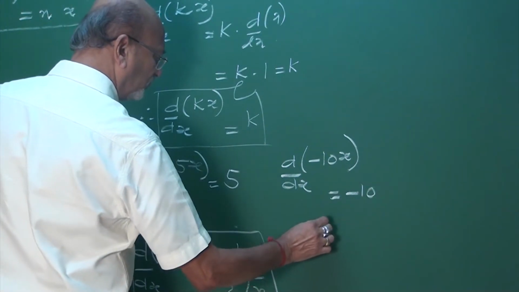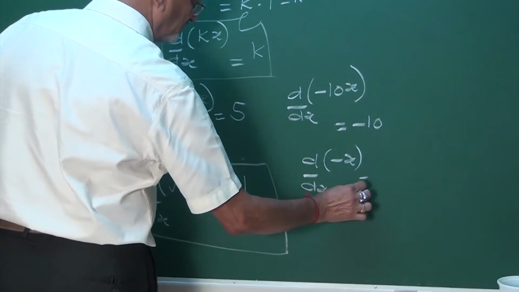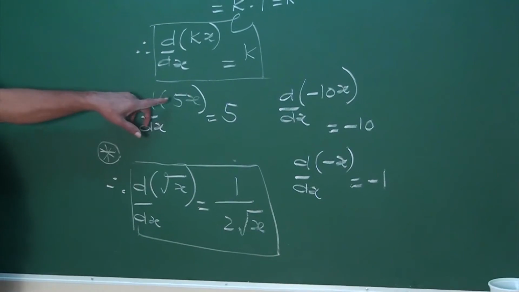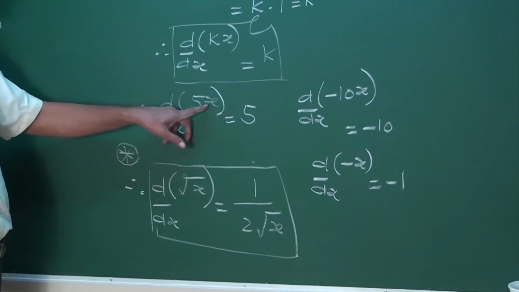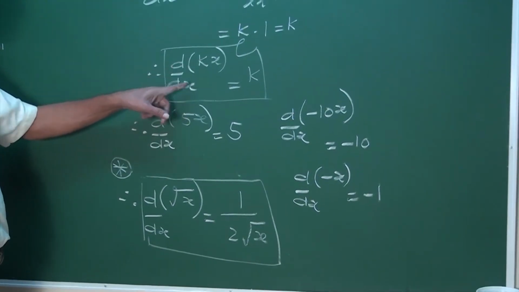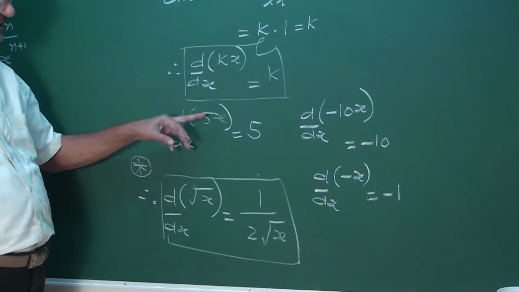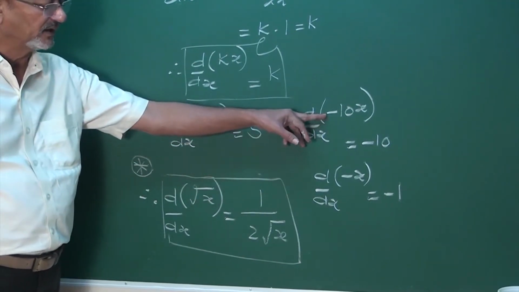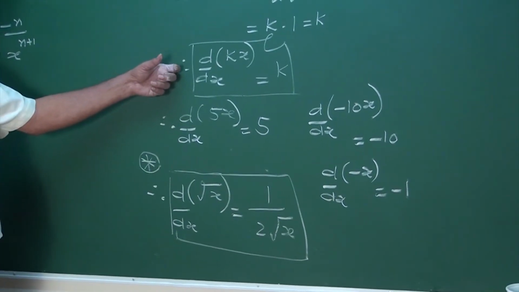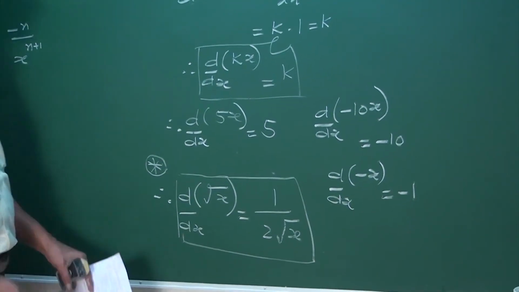The derivative of minus x with respect to x is minus 1. So in this case, there is no need to take 5 out into the derivative of x. If you remember that the derivative of kx with respect to x is the constant k, you can write 5, minus 10, minus 1 directly. It helps. This is tip 1. Next, the second.